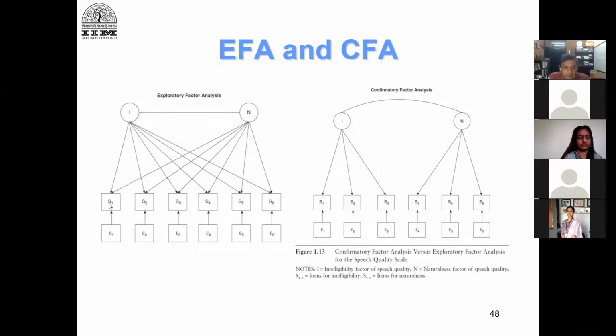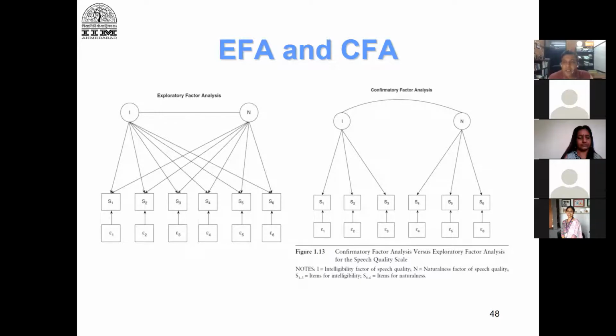So when we represent it, we say that observed item S1 loads onto factor I, and it also loads onto factor N. So this S1 is caused by I, and is also caused by N. I am telling the tool to estimate it and tell me which loading is higher, and I will go by what you say.